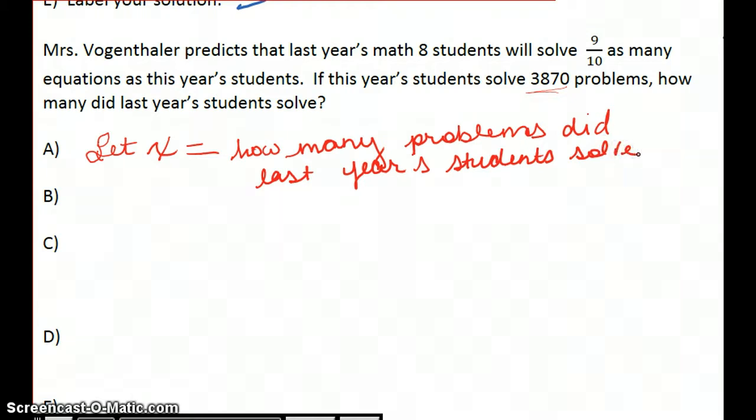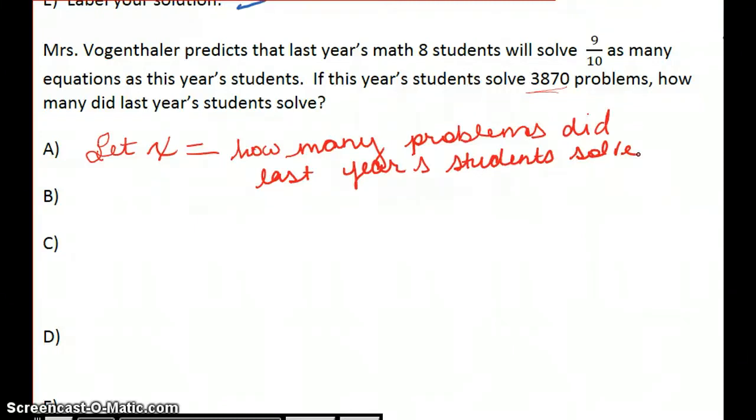Now I know that's what I'm looking for. That's the unknown of this word problem. And as you get better at this, it's actually going to make the word problems much easier to approach. So letter B is to write a variable equation.